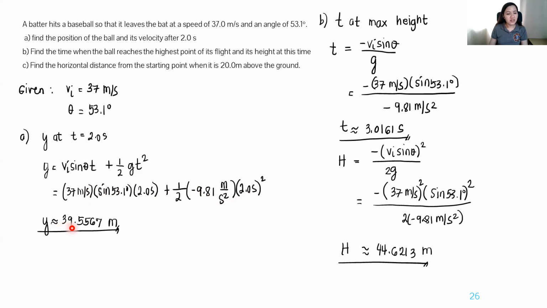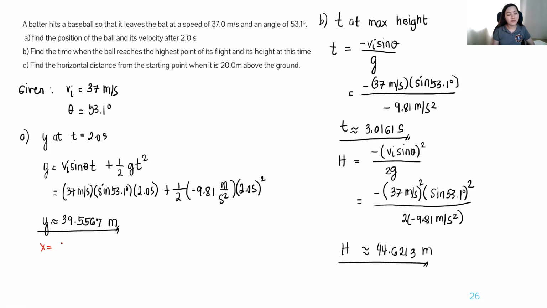So y equals, the vertical distance is now 39.5567 meters. But we still have to find the horizontal distance it covered. So for horizontal distance, for x, what is our formula for x?